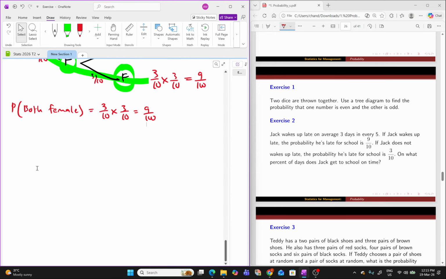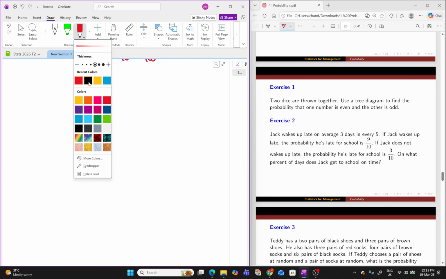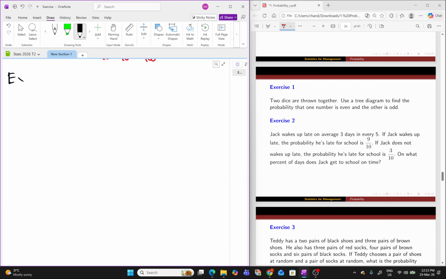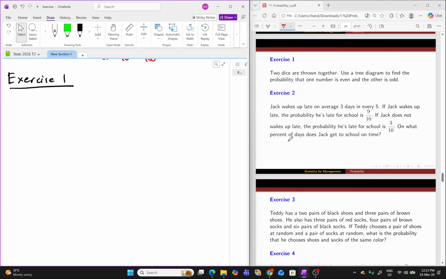Okay, exercise 1 here. Two dice are thrown together. Use a tree diagram to find the probability that one number is even, another number is odd.